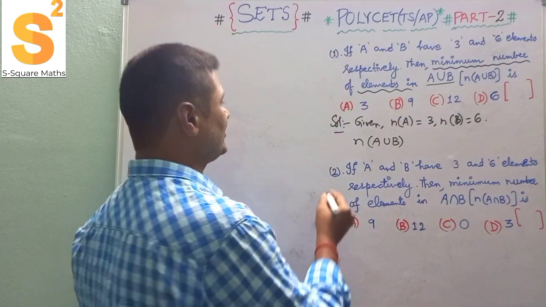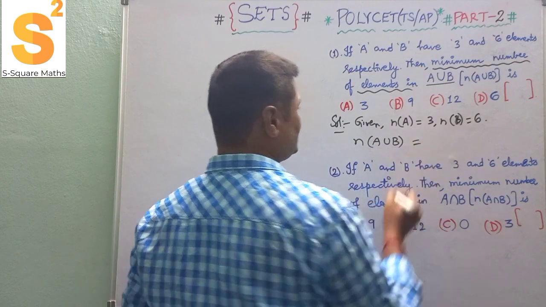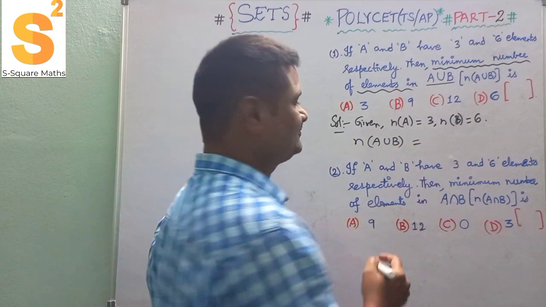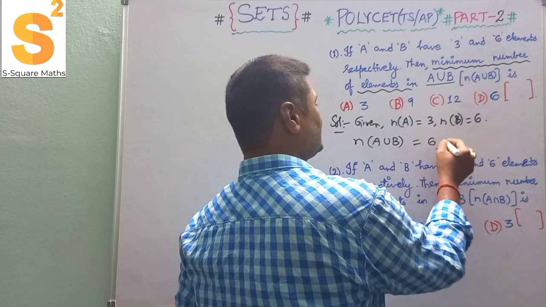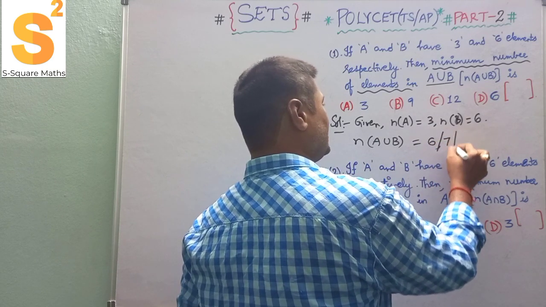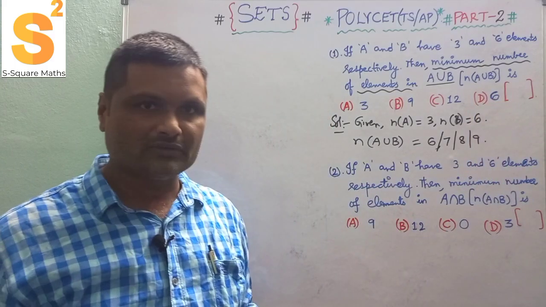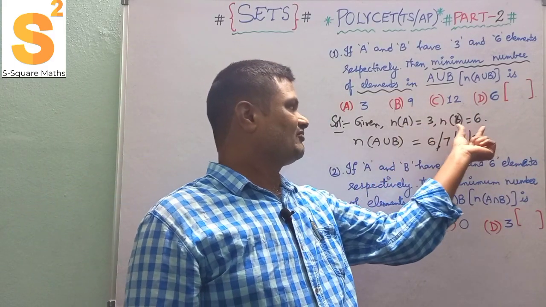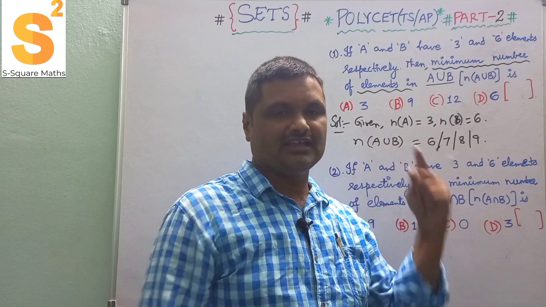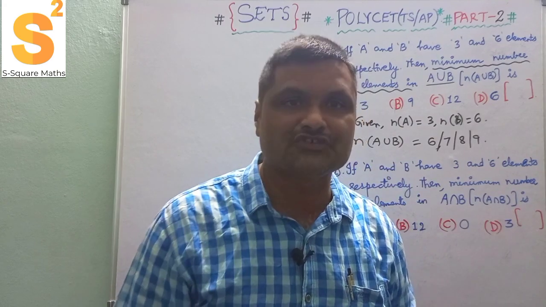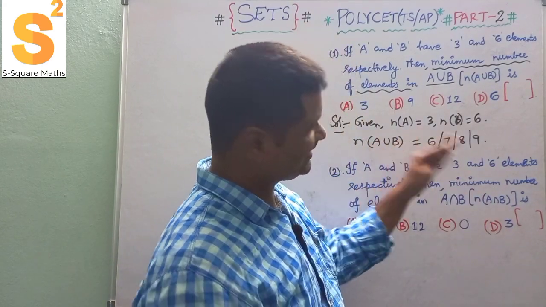So now n of A union B, you may get 6 elements or 7 or 8 or 9 elements, because n of A is 3 and n of B is 6.